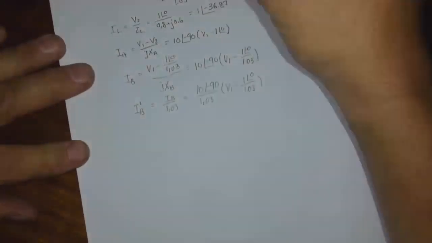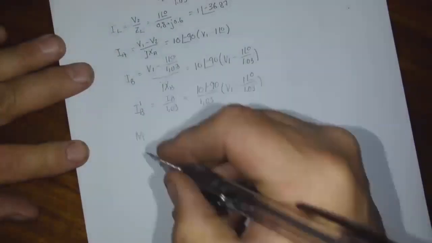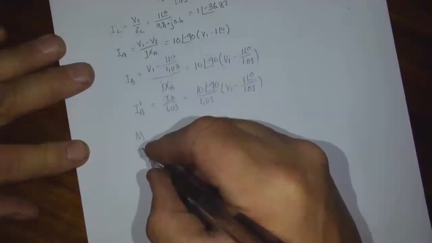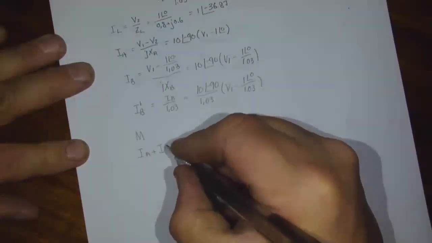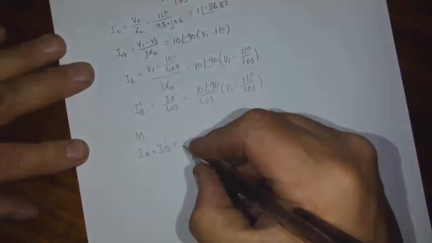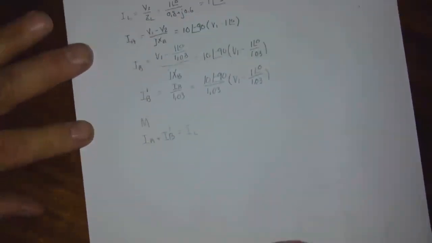Now again, we can apply Kirchhoff's rule to M. Then IA plus IB dash will be equal to I load.